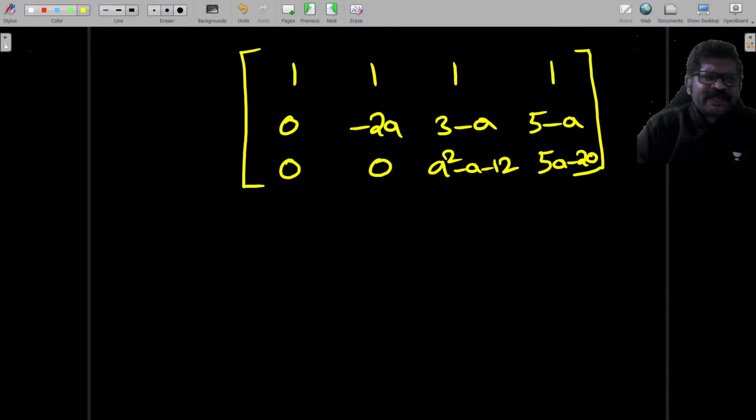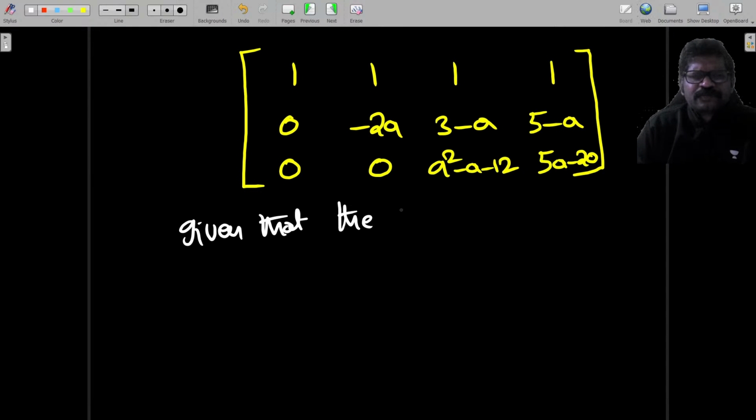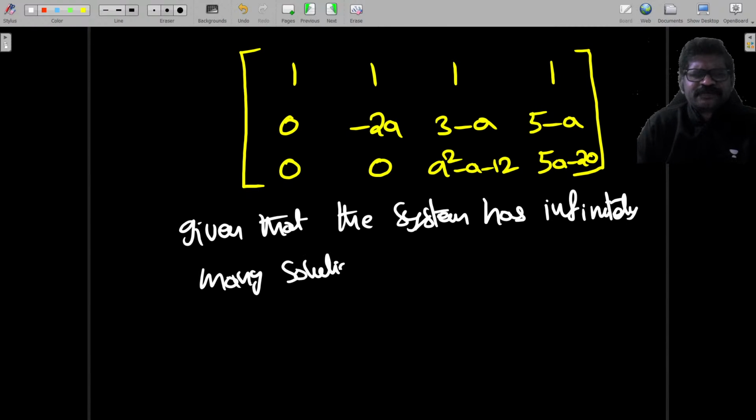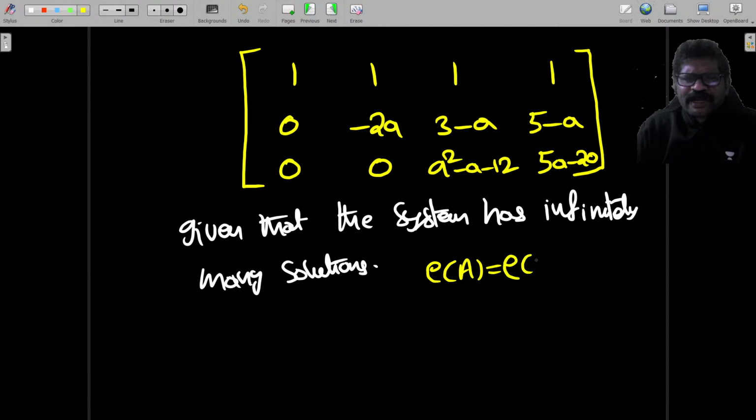A minus 20. Given that the system has infinitely many solutions, that means rank of A equal to rank of AB less than number of variables.